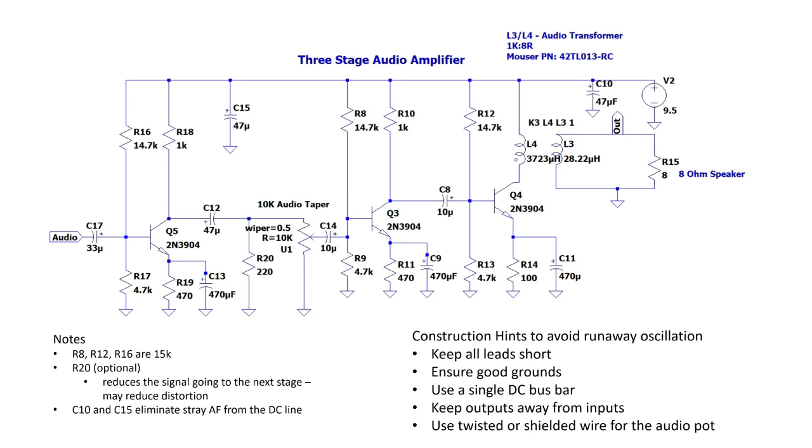All right, a couple other things to look at here. In the middle, after Q5, you see the 10K audio taper. That's the audio volume control. That's an audio potentiometer. An audio taper just means that it is designed to work well as an audio control, because it'll give you fairly even amplification as you turn it from left to right.